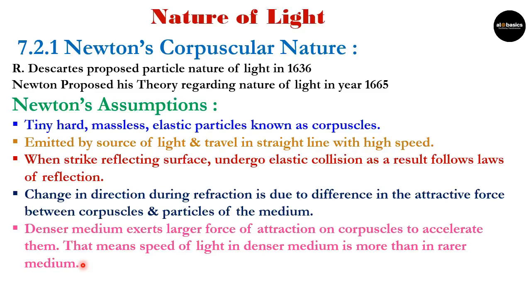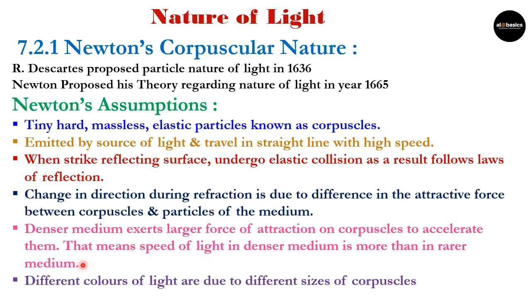One more phenomenon regarding light was known at that time, that light has different colors. What did he explain for that? He said that different colors of light are due to different sizes of corpuscles. Newton's assumption was that corpuscles are not of the same size, and due to their different sizes, we see different colors of light.